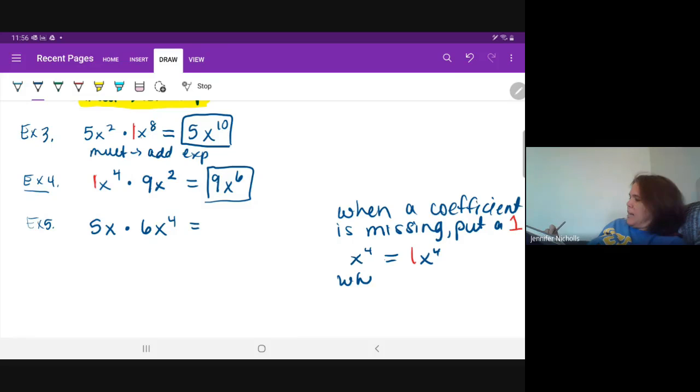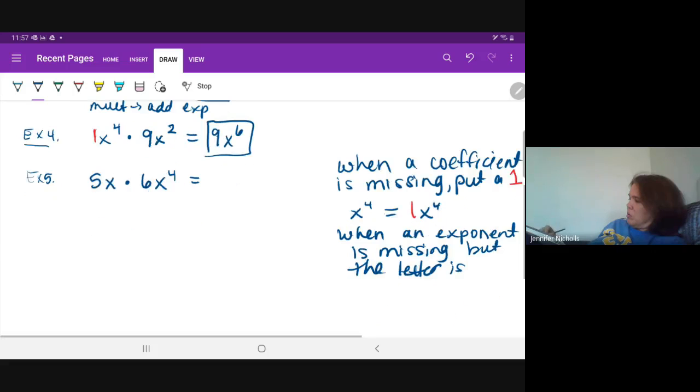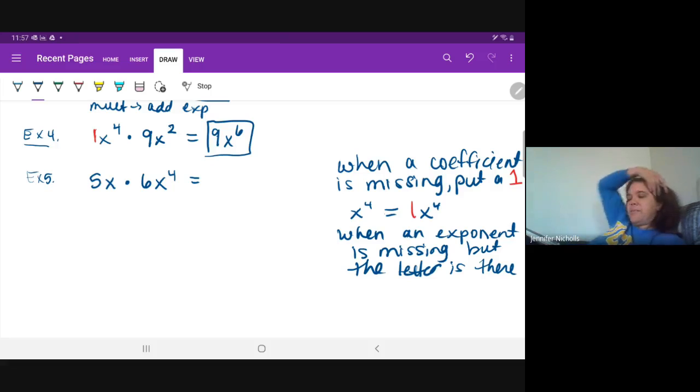And that's right, when an exponent is missing but the letter is there, so like the x, where it says 5x, it's missing its exponent.